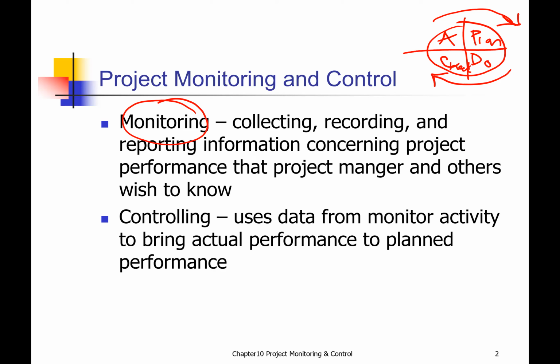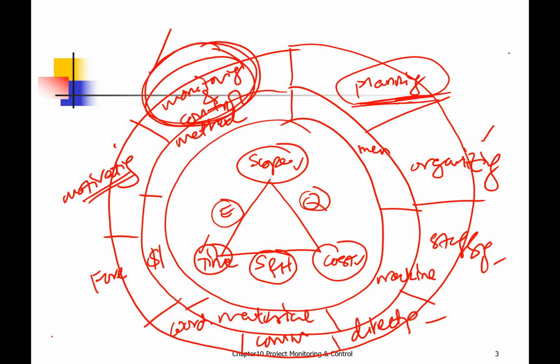What is A? A is act. In ISO management systems, all systems use the PDCA concept. That would be the simplified version, but the longer version would be here: planning, organizing, staffing, etc., etc. That's what we call the management process.